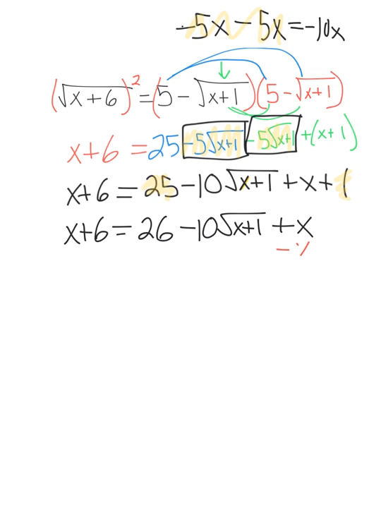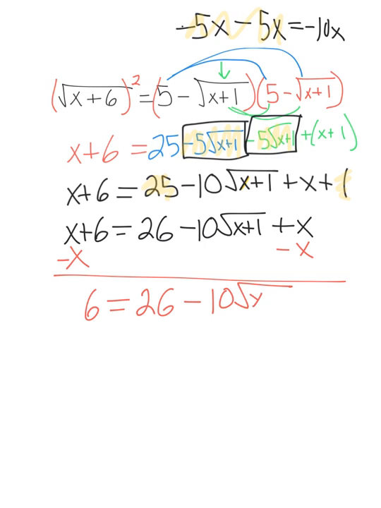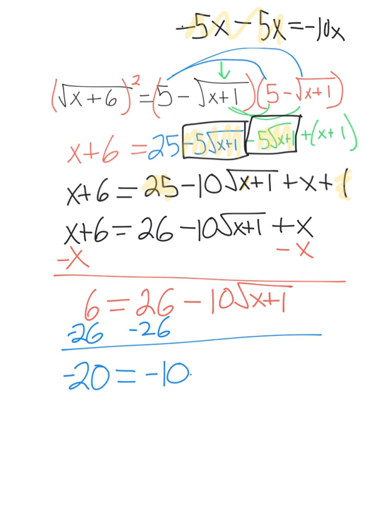Now I can start combining things on the opposite side of the equation. So I'm going to subtract x on both sides, and they actually cancel out from both sides. Now I'm going to subtract the 26 on both sides of the equation, and I get -20 equals -10 square root x plus 1.